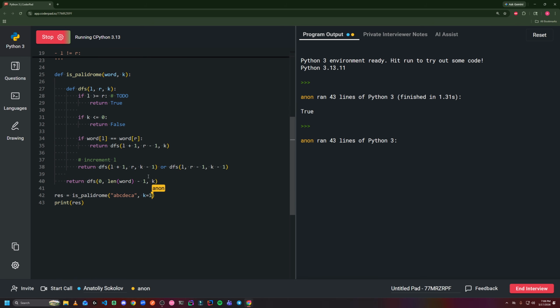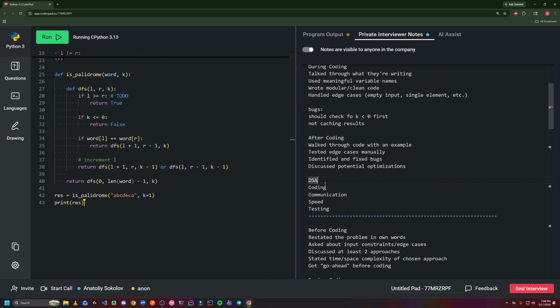So if I had 1, okay, it worked on that case. I can test a few more if you would like, or do you have any thoughts or questions? I would say just test anything you think is relevant and we can move on if you're happy with it. Okay.